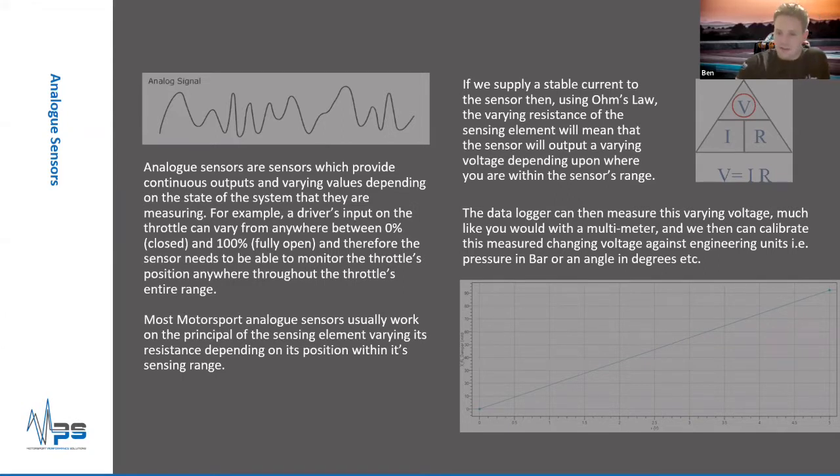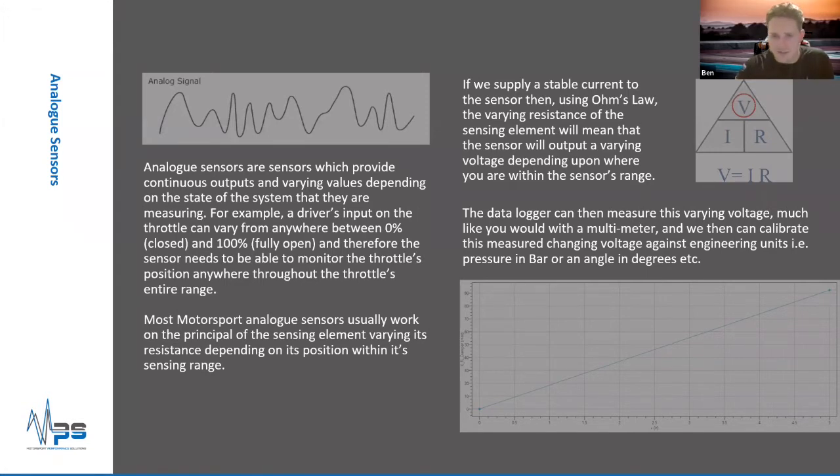And what we then do is we can calibrate a voltage against an engineering unit. So for the example of throttle position, it would be 2.5 volts equals 50% throttle, something like that. So what we end up with is a calibration curve which converts voltage into engineering units.